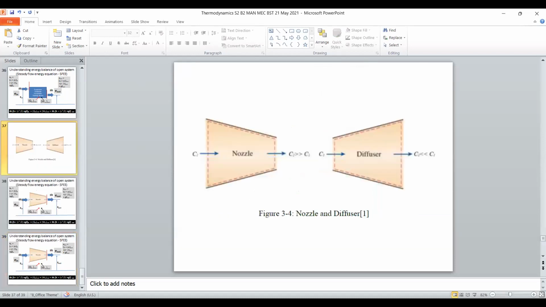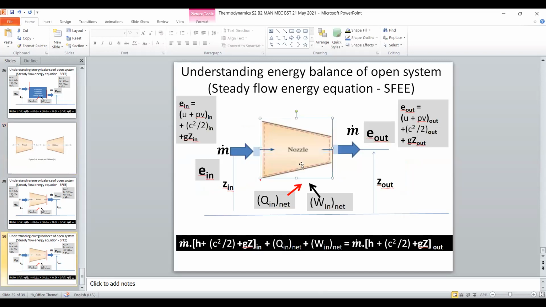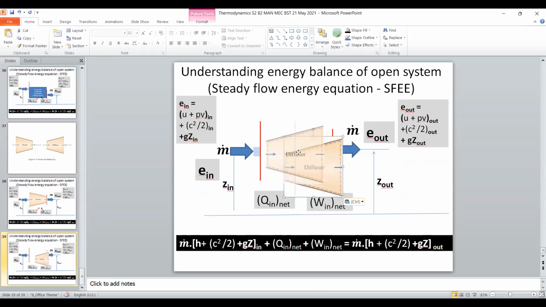If you need to put the diffuser there for analysis, you can replace the nozzle with the diffuser.